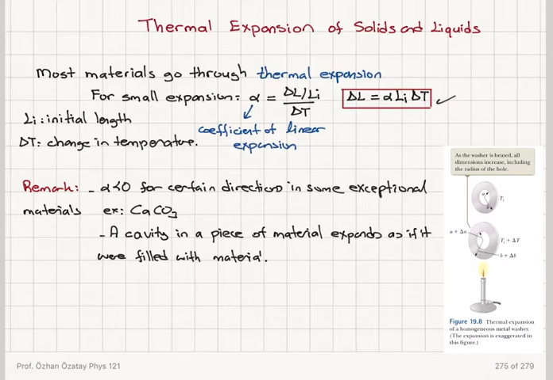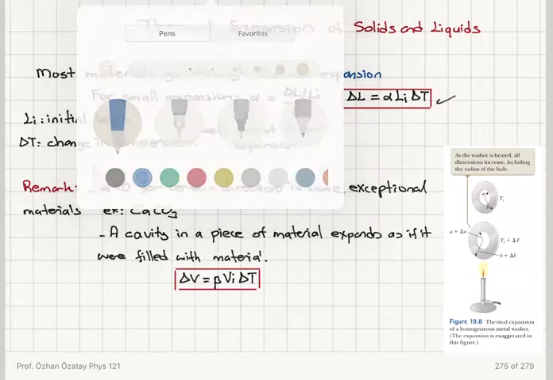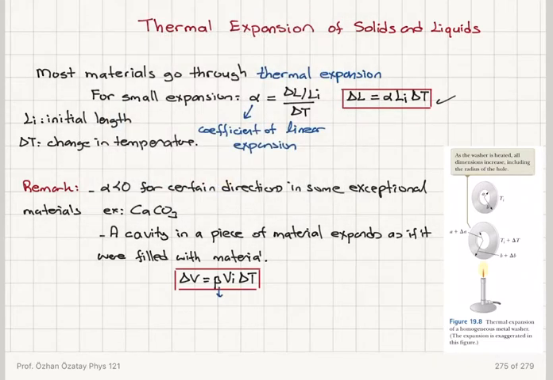So as a result of this change in the linear dimensions of the material, we will find that there is a change in the volume of the material, delta V, and similarly there is a beta coefficient times initial volume times delta T, and this beta coefficient is now going to be called average coefficient of volume expansion.